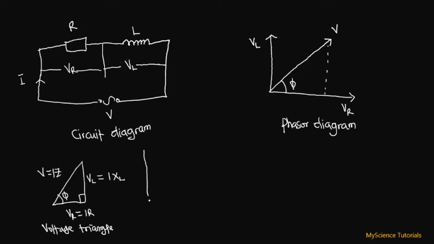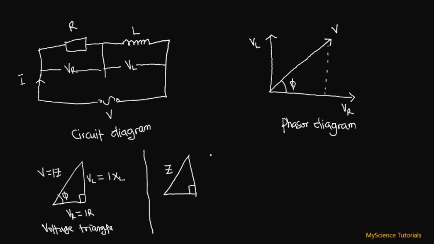Now, another triangle we can get is what we are calling the impedance triangle. It is still just the same, only that over here we are looking at the impedance, or the opposition to the flow of current. So we know that over here is supposed to be the applied voltage, but instead of that, we're going to put Z, which is the impedance of the entire circuit.